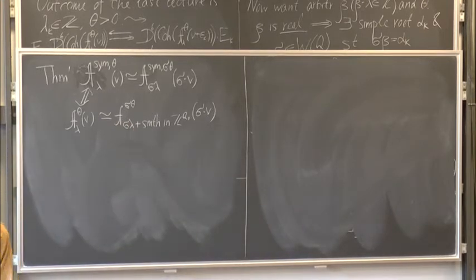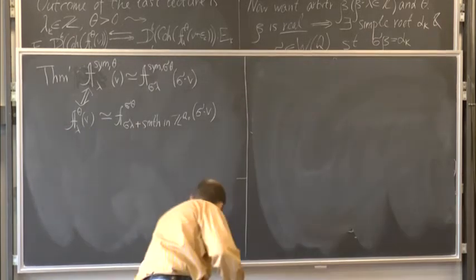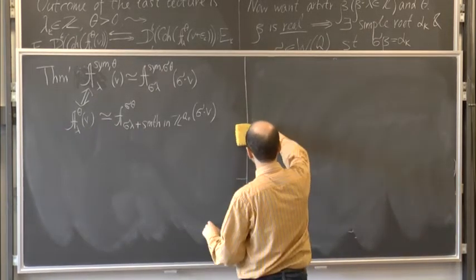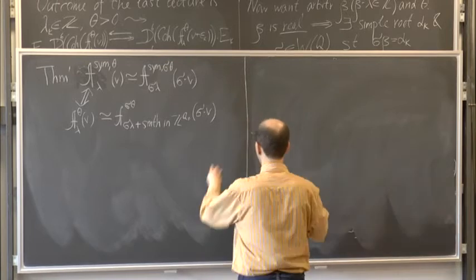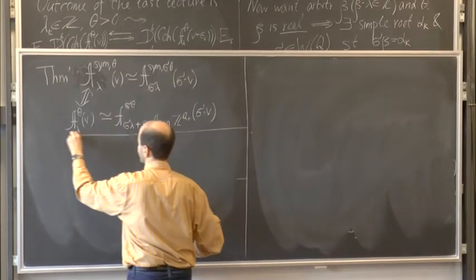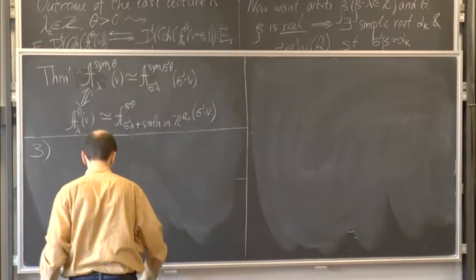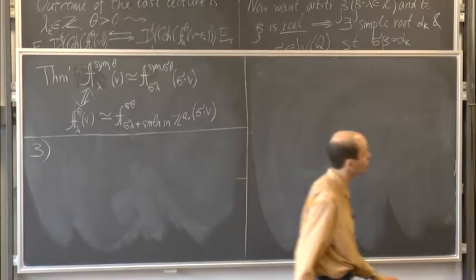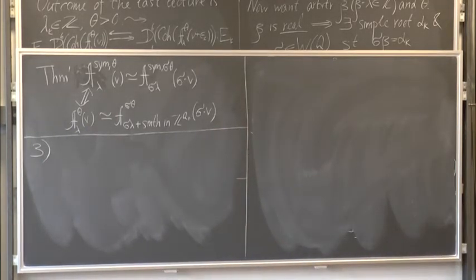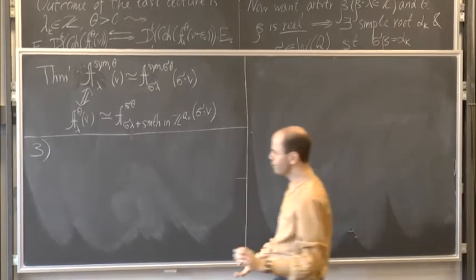So with this isomorphism, now we can do the following. Now let's proceed to part number 3, where we finally construct the functors. And so I start with some beta.